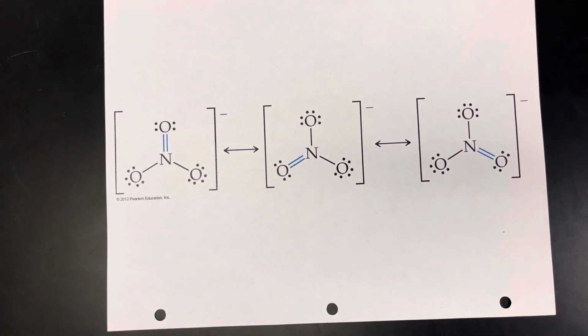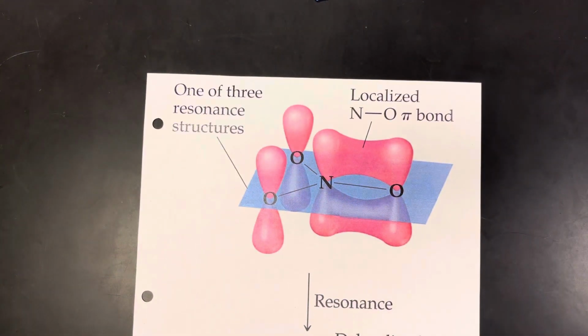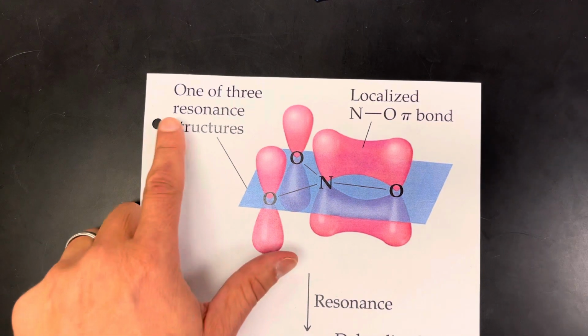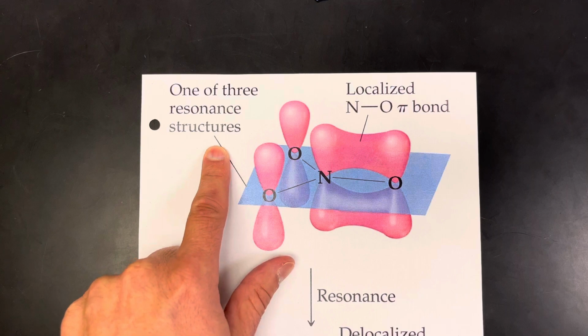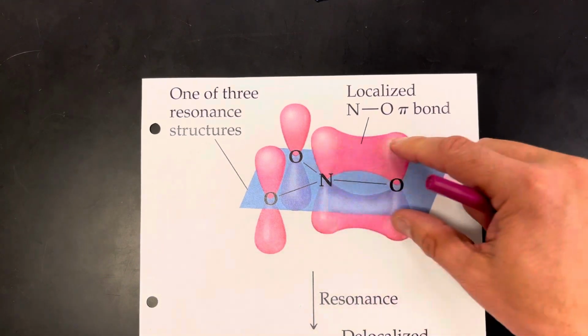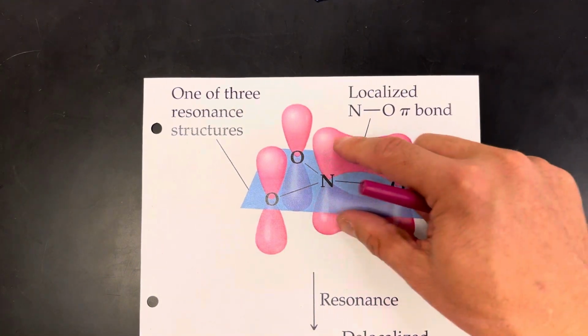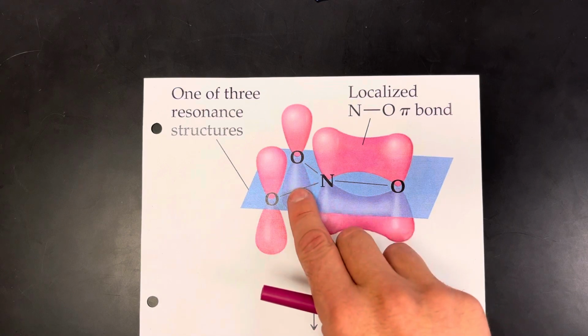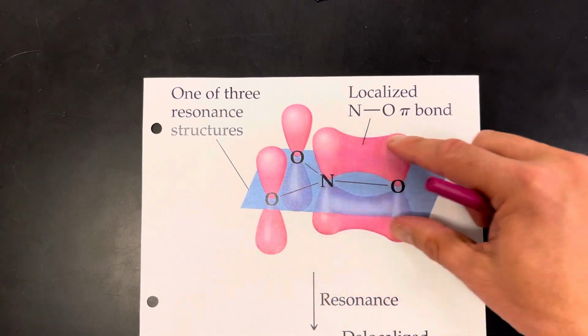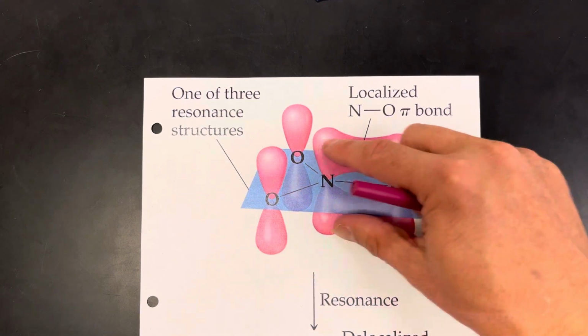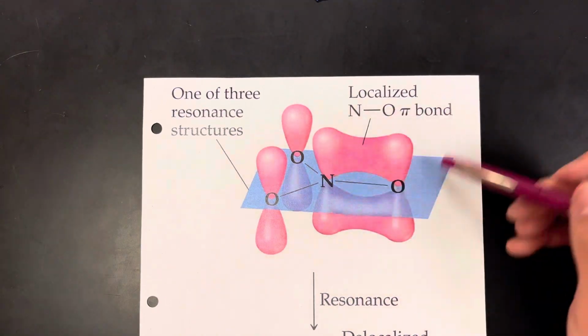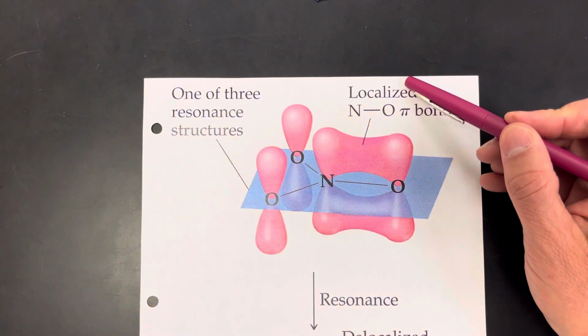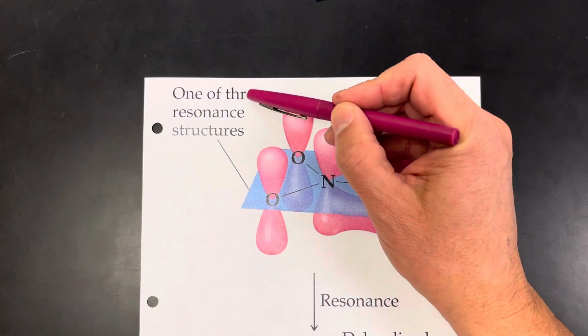Well, how would that look as a picture, okay? Well, if I pick just one of the three resonance structures, it looks like there's a double bond in one of them, okay? These lines would represent the sigma bonds, but it looks like the double bond would occur between only two of these, and it almost looks like it's localized. But remember, there's three resonance structures.